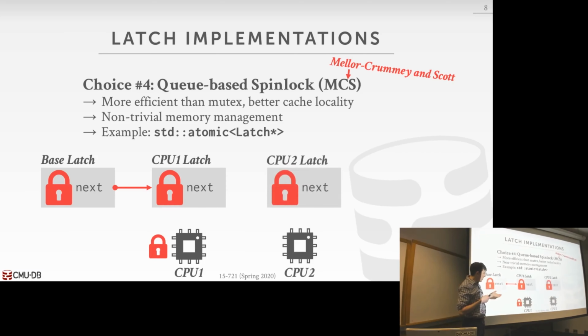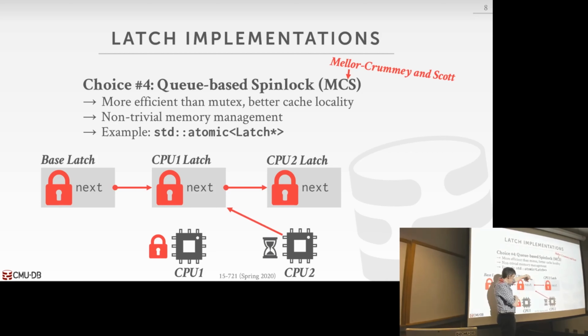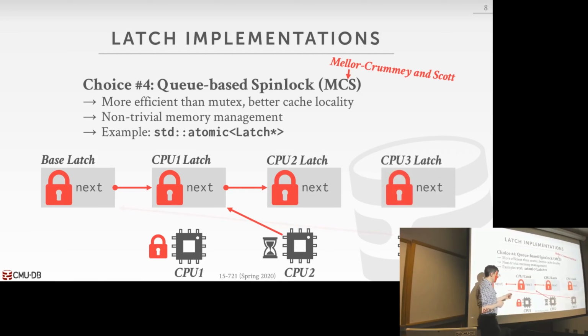Now, when another thread comes along, it tries to acquire this latch, sees this pointer is set, and realizes it can't acquire it. So instead of spinning on this and trying to do test and set to see whether I can acquire it, it follows the pointer here, sees that this thing is now unset, and updates its pointer, which is a compare and swap. So now it's claiming this position in the queue, and then it spins on this. Same thing, and so forth.